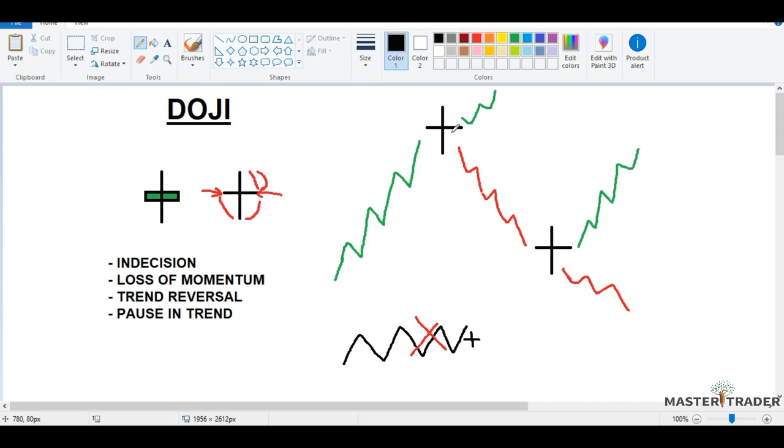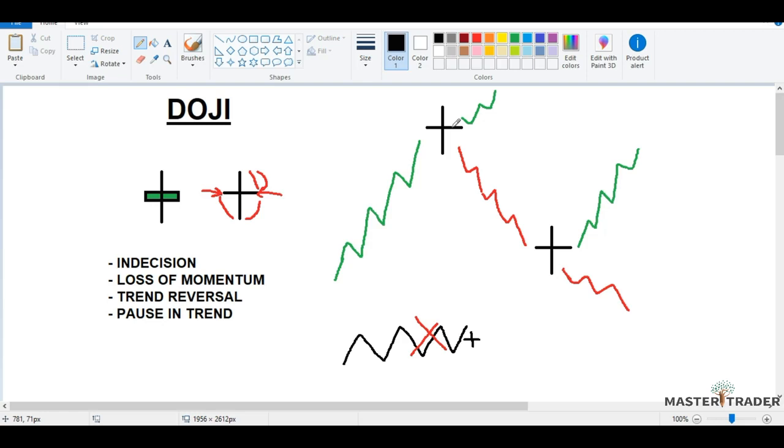That time you need to be cautious and alert, because two things can happen. One, price may reverse from there, or two, price can continue moving up. So this does give us opportunities to trade, especially depending on where the doji forms on the chart, which we'll look at a bit later.